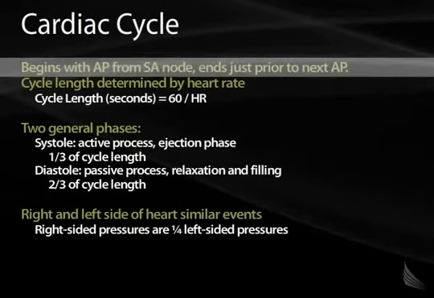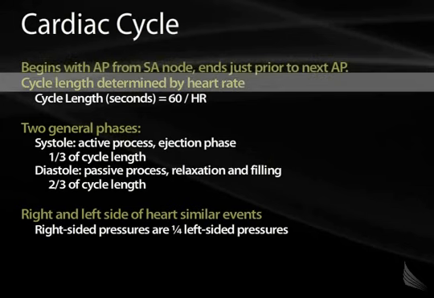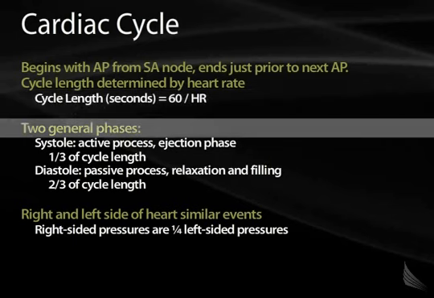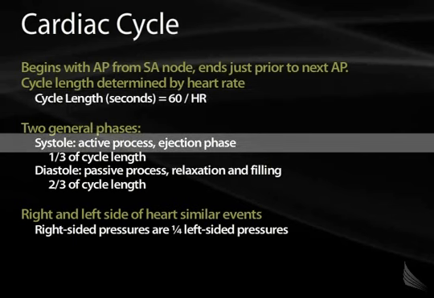Again, the cardiac cycle begins with an action potential from the sinoatrial node and ends just prior to the next action potential. The cycle length is determined by the heart rate. The cycle length can be calculated in seconds by taking 60 divided by the patient's heart rate in beats per minute. The cardiac cycle has 2 general phases: systole, which is an active process in the ventricle.